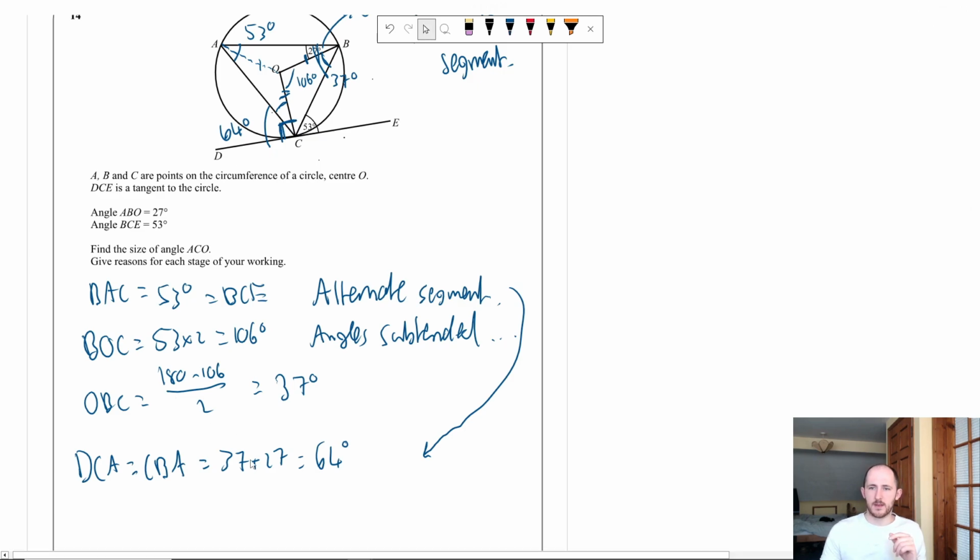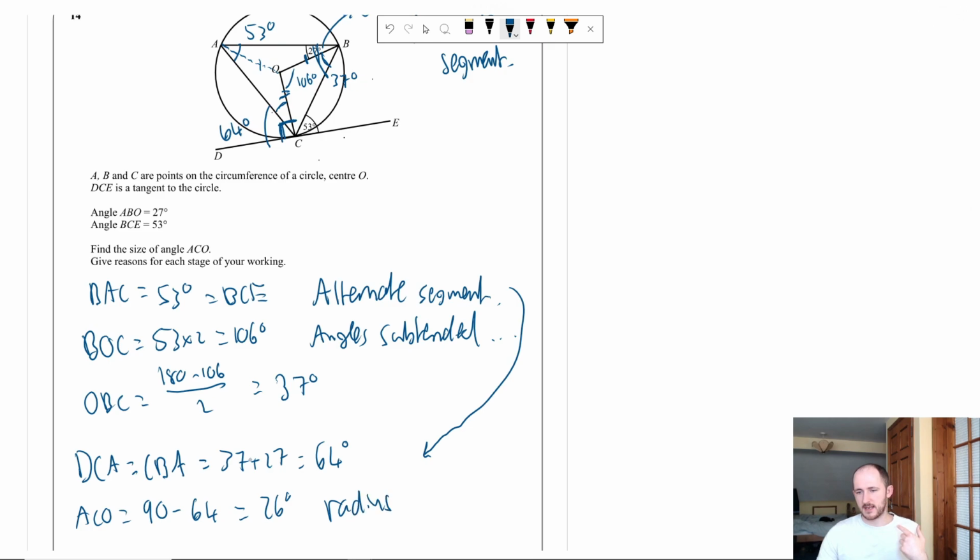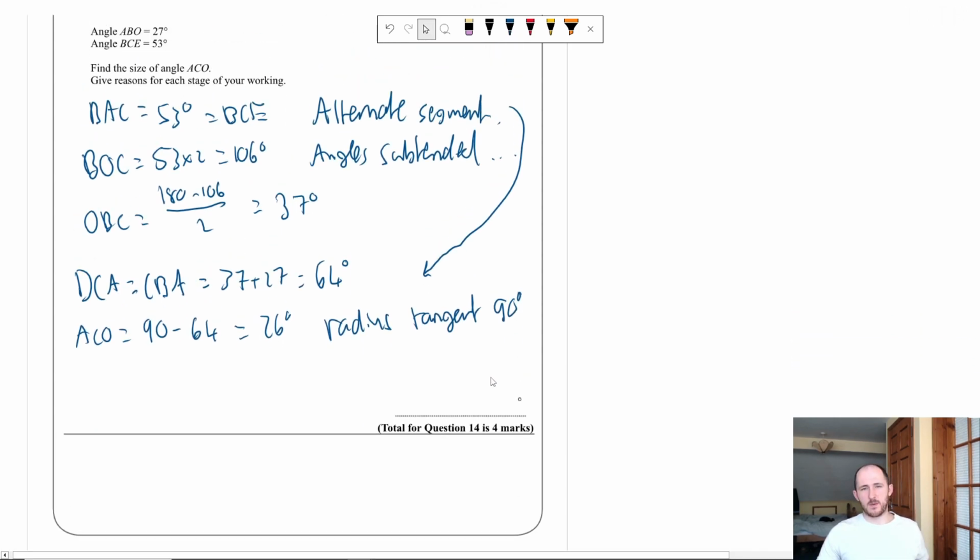So, all we need to do is do that ACO, 90 minus 64, which is 26 degrees, because radius meets tangent at 90 degrees. That's probably the trickiest one we've done so far.